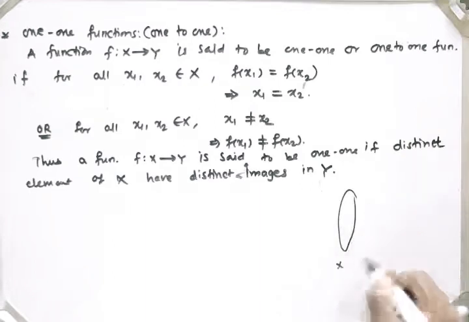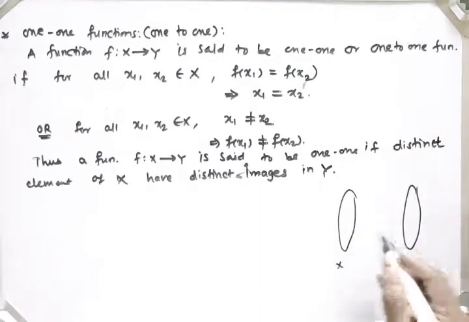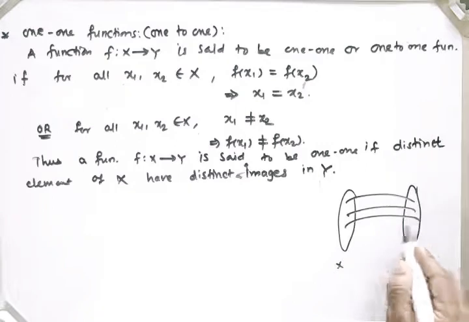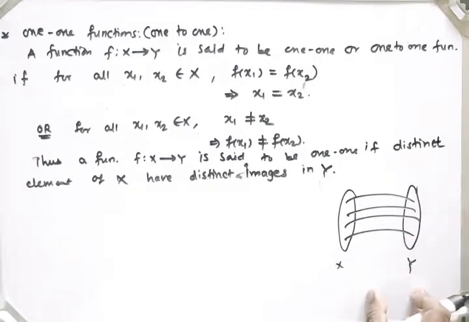Suppose this is set x and this is set y, so distinct elements in set x have distinct elements in set y. So that's why we say that function f from x to y is a 1-1 function.